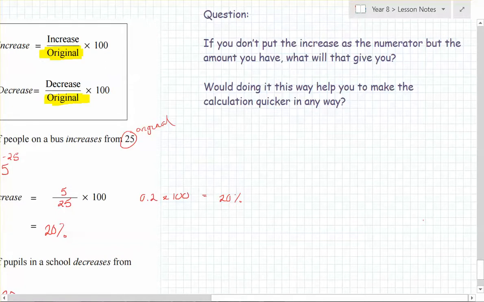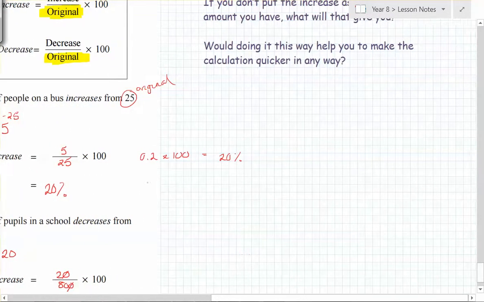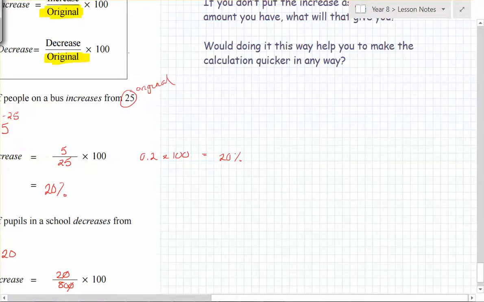Okay, now what I wanted you to have a think about is if you don't use the increase or the decrease as the numerator, but the amount you have, okay, so one of those two, right, so basically we have the original and then we get a new amount. So if we use that amount as the numerator, the question is, what will you end up with? So, for instance, with this question here, what would that become if we didn't work out the increase?